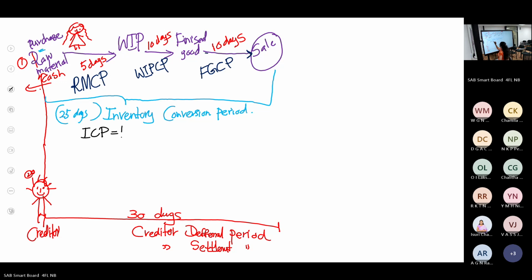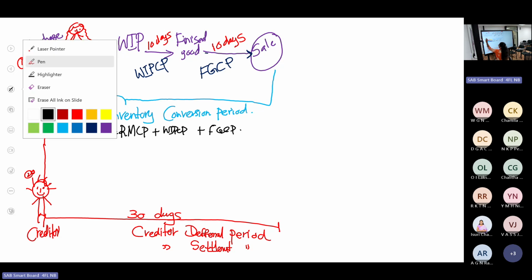RM, raw material conversion period, plus work in progress conversion period, plus finished good conversion period. Right? That equals the total inventory conversion period. Now that part is done.